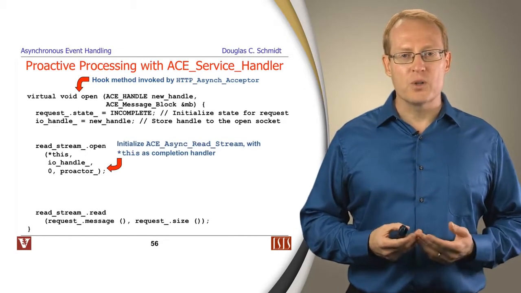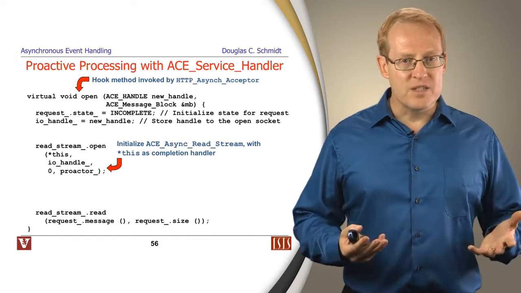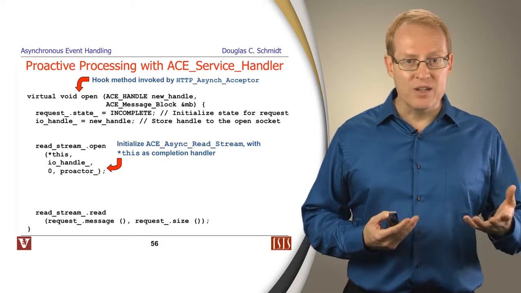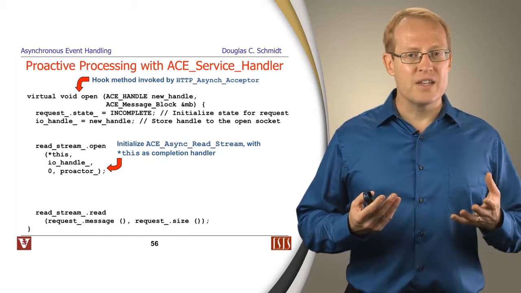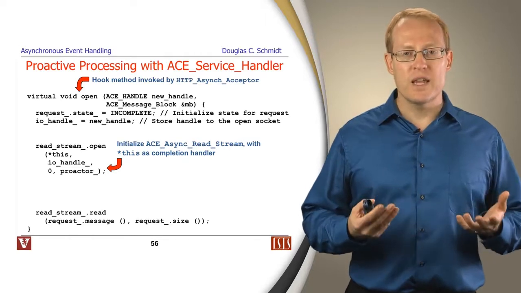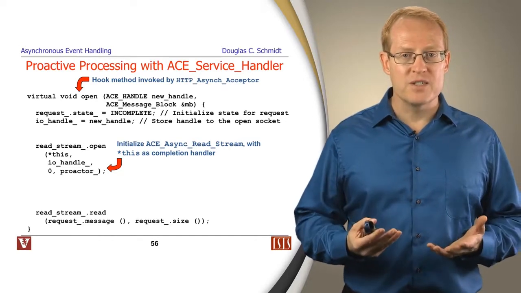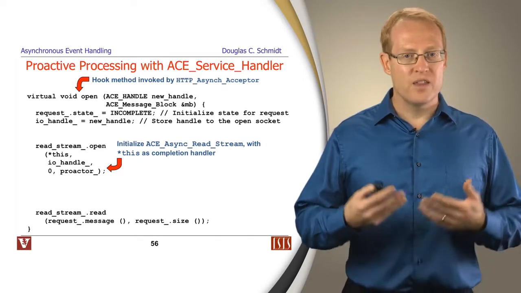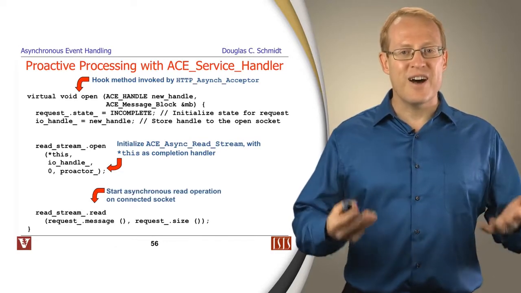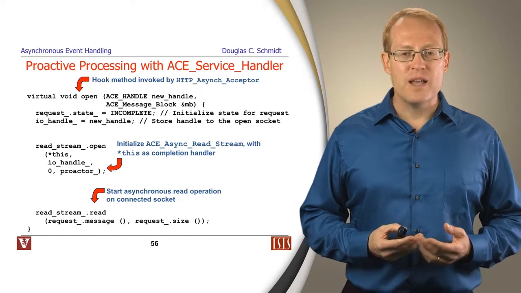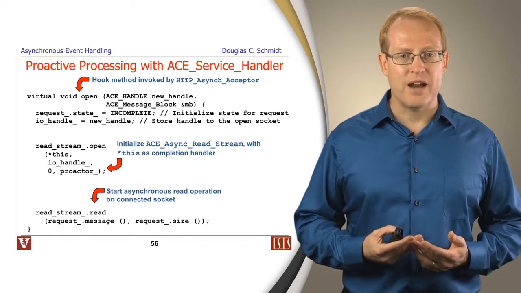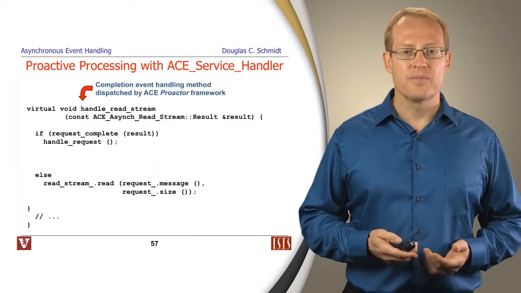What this particular approach does is it first opens the read stream and associates with the read stream the handle that we're reading on as well as a reference to this object, which will be used to indicate where the completion events need to be sent when the asynchronous read operation is done. We then turn around and kick off the asynchronous read operation, passing in the message buffer that we've allocated to store the results that come back from the client application.